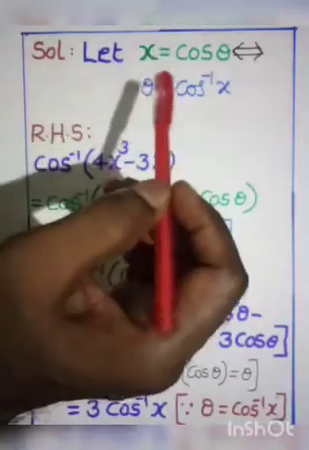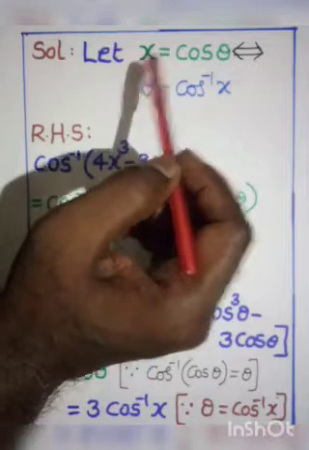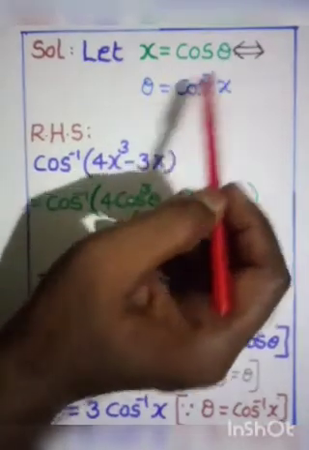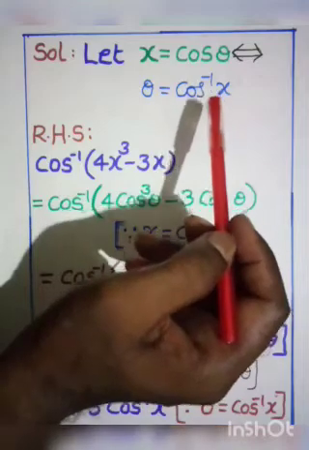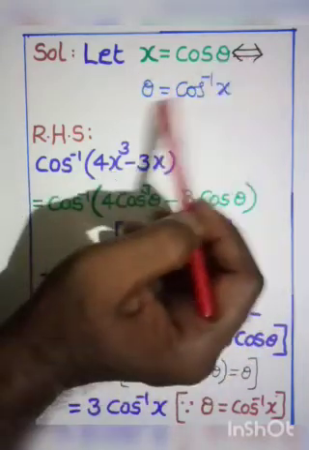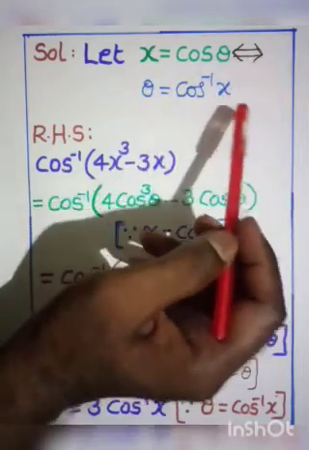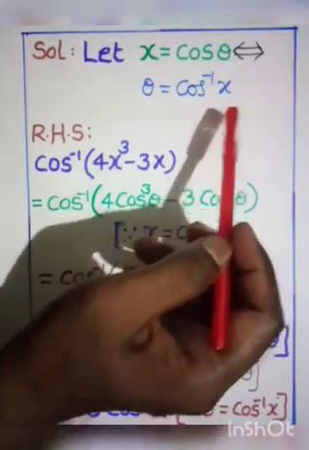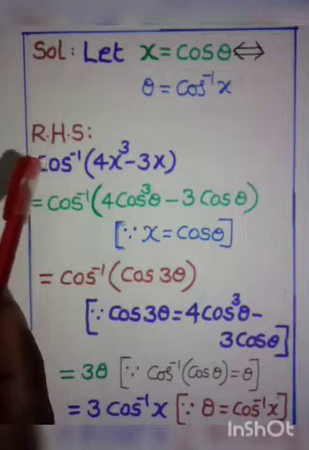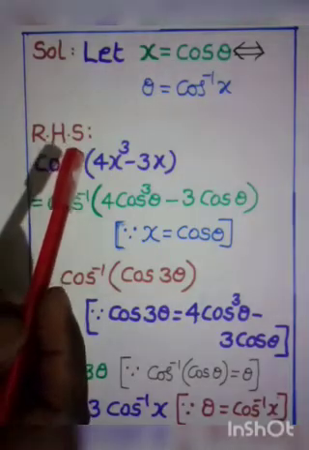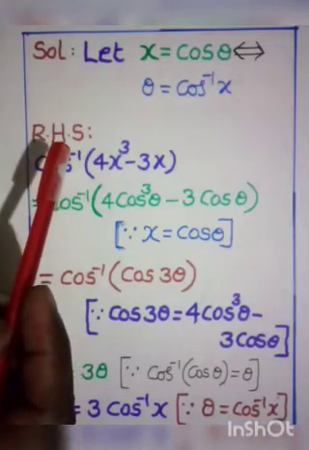Here also, we are assuming that x is equal to cos theta, which implies theta is equal to cos inverse x. Okay, my dear children, this was written by using the inverse of a function. To prove the given statement, here also we are taking the RHS. What is the RHS in the question?